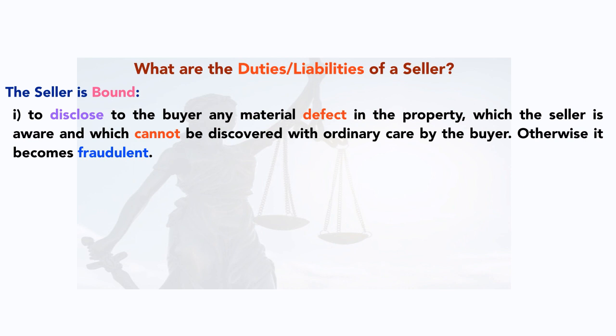Suppose you are selling your car, and if your car has certain minor defects that cannot be easily discovered, then it is your liability to inform the buyer that this car has this problem. Otherwise, if you hide it, it is considered a fraudulent act.